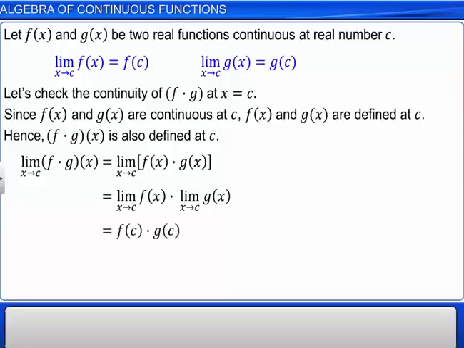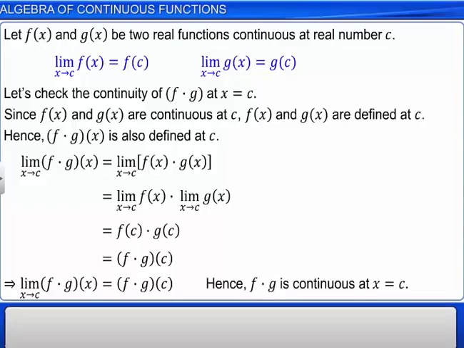So the limit of f of x as x approaches c is f of c, and the limit of g of x as x approaches c is g of c. By the property of multiplication of functions, we get f into g of c. This implies that the limit of the product of the functions is f into g of c, so it is continuous. Hence, f into g is continuous at x is equal to c.